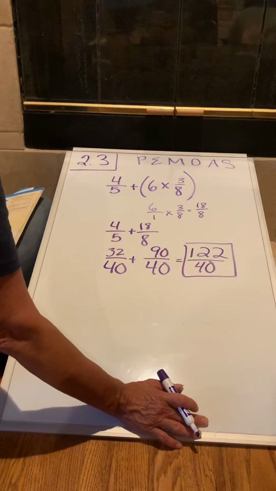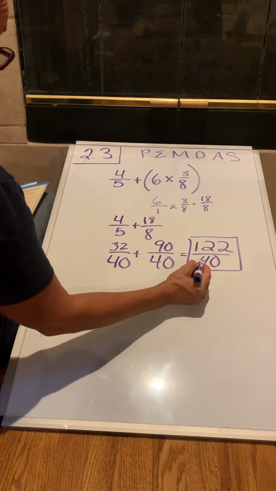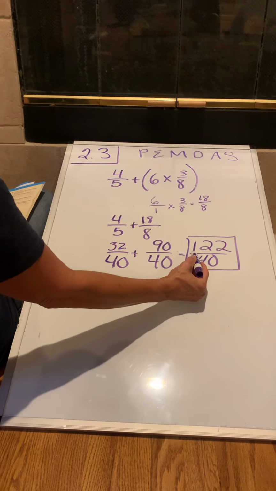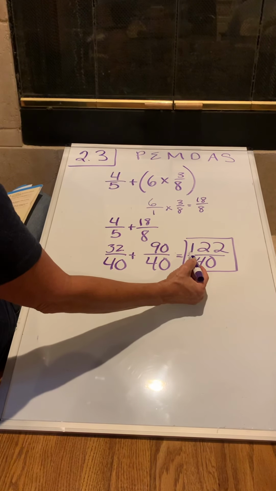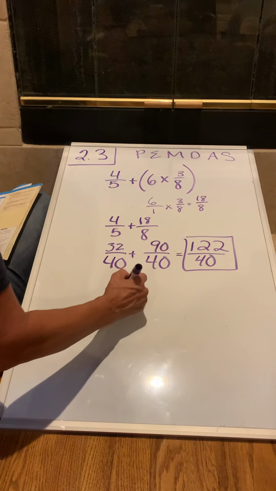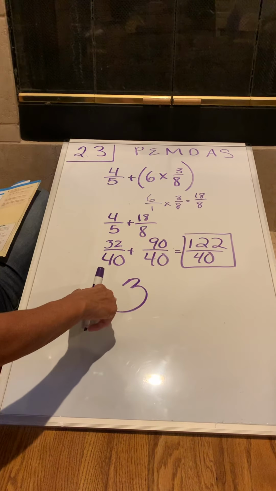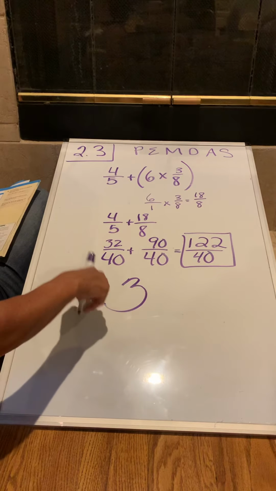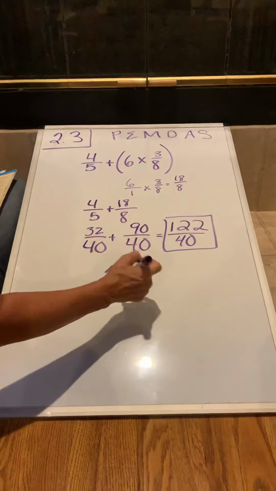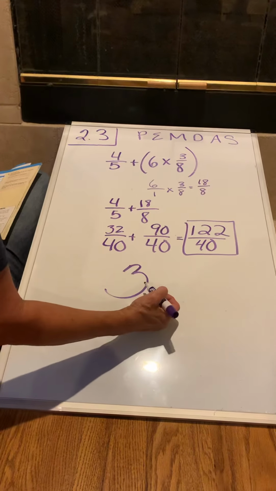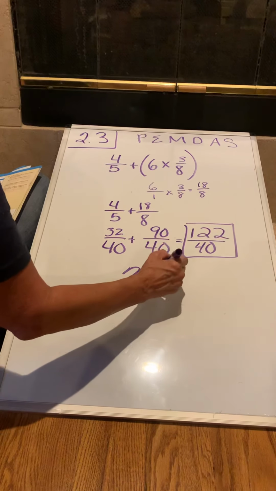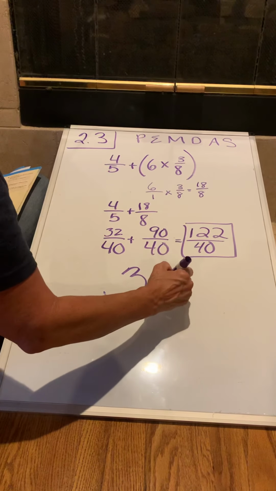So you can ask yourself, how many times does 40 go into 122? And we know that that's 3 times, because 40 times 3 is 120. And then we would have 3 and 2/40.